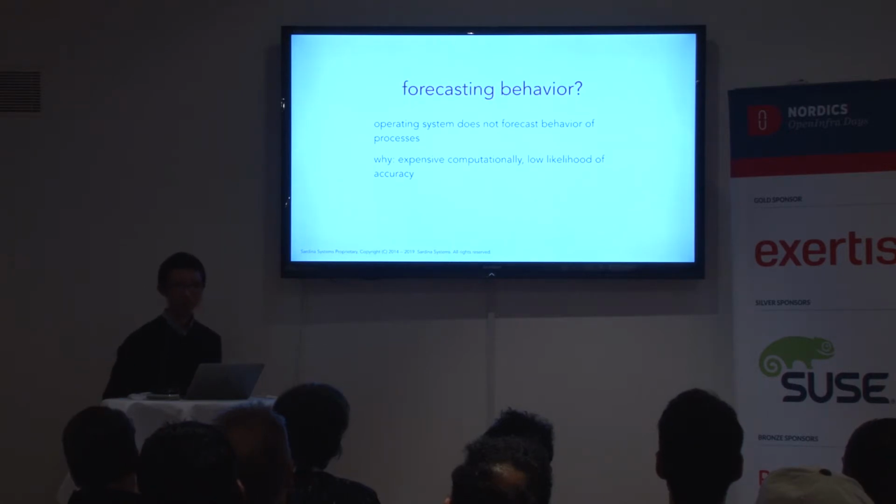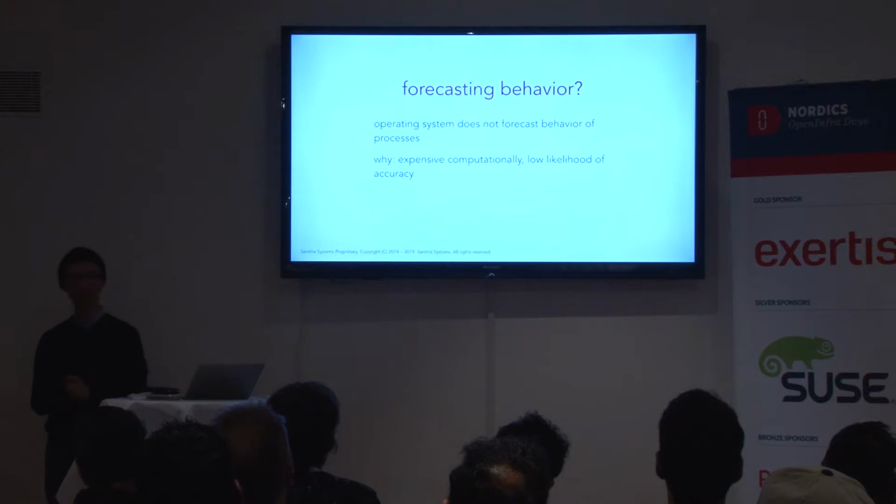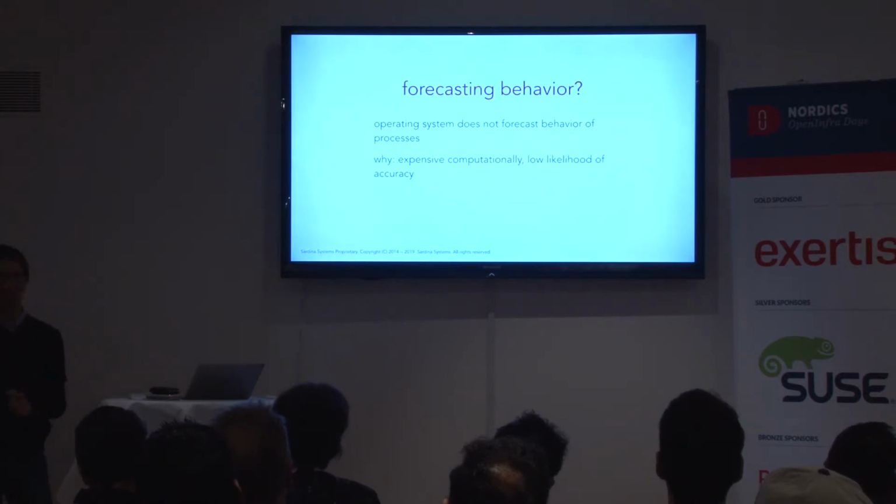So, we are in the age of AI. We're in the age of machine learning. So why don't we do forecasting? No, it doesn't work, and it doesn't work, and it doesn't work. You want proof? See the Linux kernel.